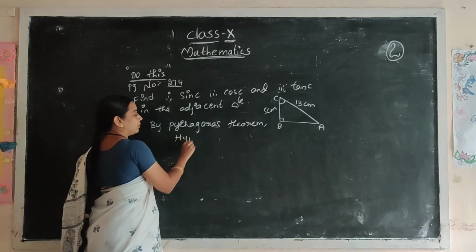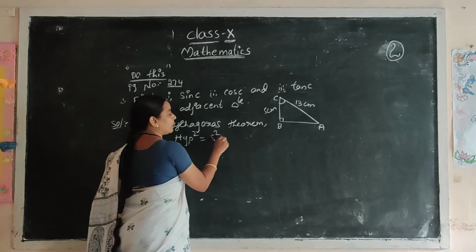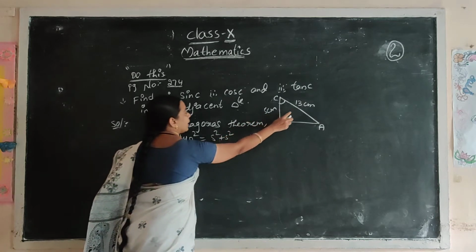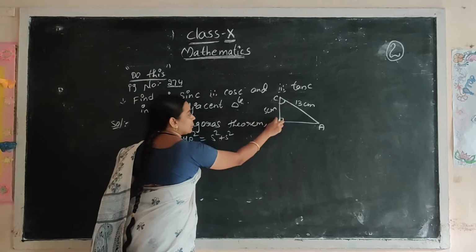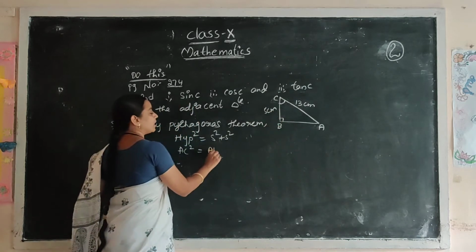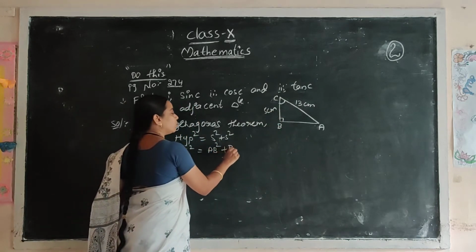Hypotenuse square is equal to side square plus side square. In this figure, hypotenuse is AC, and the two sides are AB and BC.